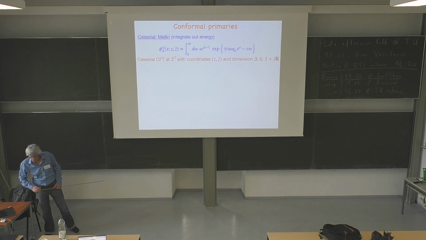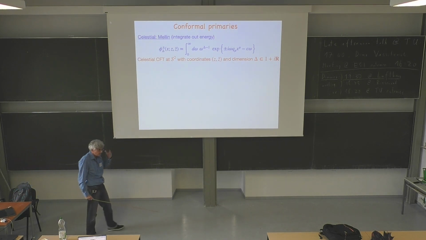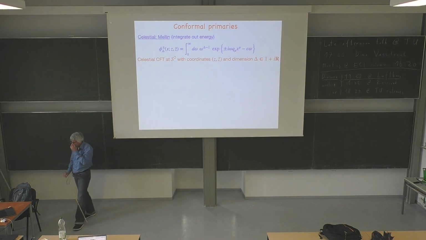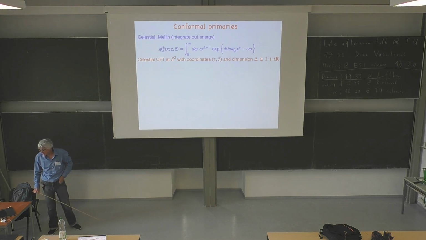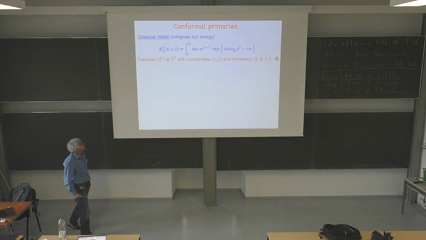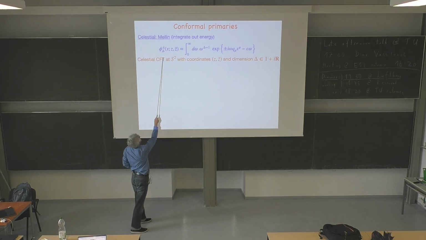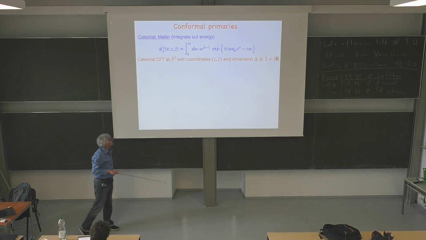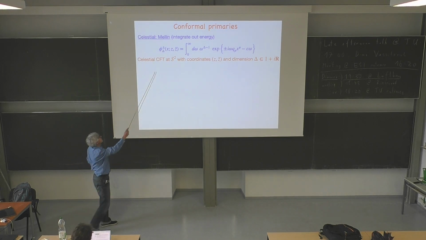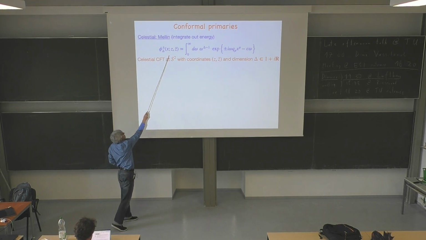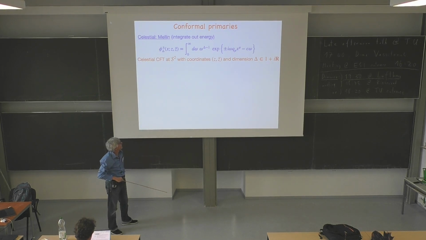Now, what are our states in both approaches, Carrollian and celestial? We take a plane wave, and we can construct these operators by this Mellin transform. This gives us some wave function or conformal primary depending on the celestial coordinates z and z bar and the four-dimensional space-time coordinates.